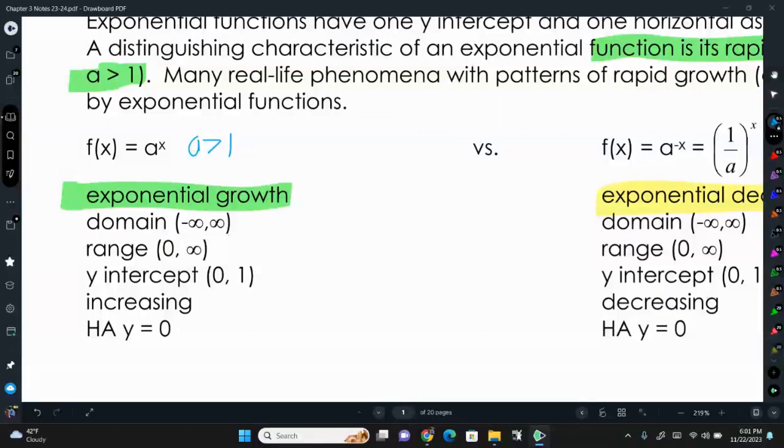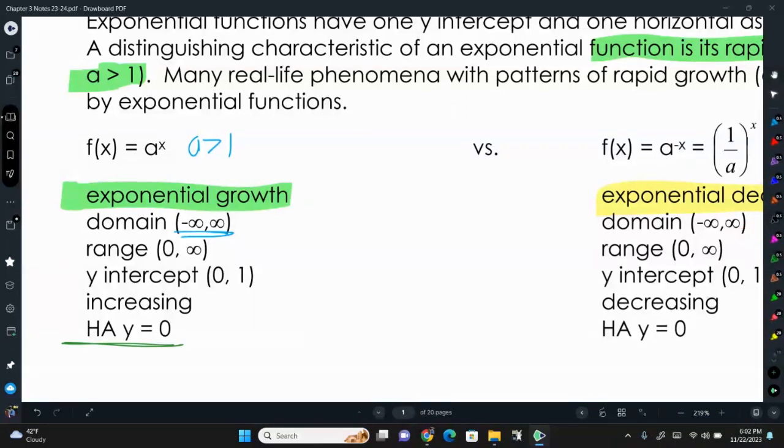And the domain of all exponential functions is negative infinity, comma infinity. The range is 0, comma infinity until we have some shifting up and down. The y-intercept is 0, comma 1, again until we have some shifting. And then our horizontal asymptote is y equals 0. And our function is increasing from left to right.